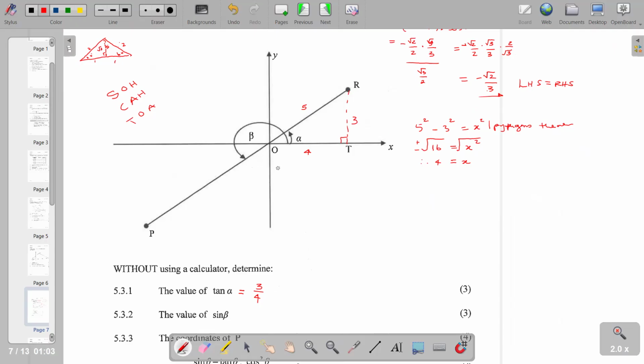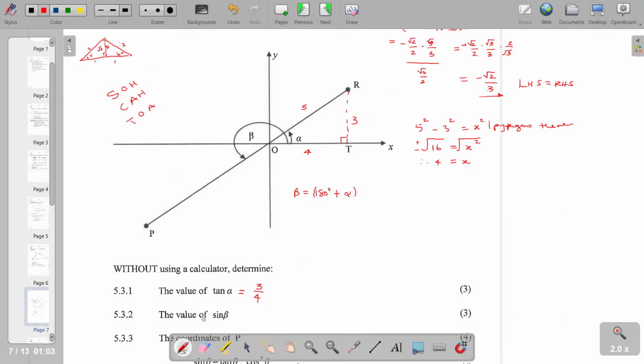So if we check our beta, since this is a straight line, it's 180 degrees, plus this part, it's what? It's alpha. So our beta is equal to 180 plus alpha.